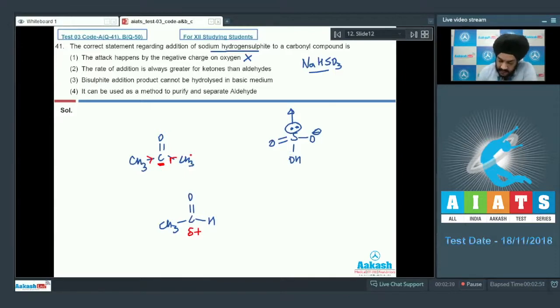So this is less available for attack than this. So the reaction rate will be much greater for aldehydes than for ketones. So statement 2 is incorrect.